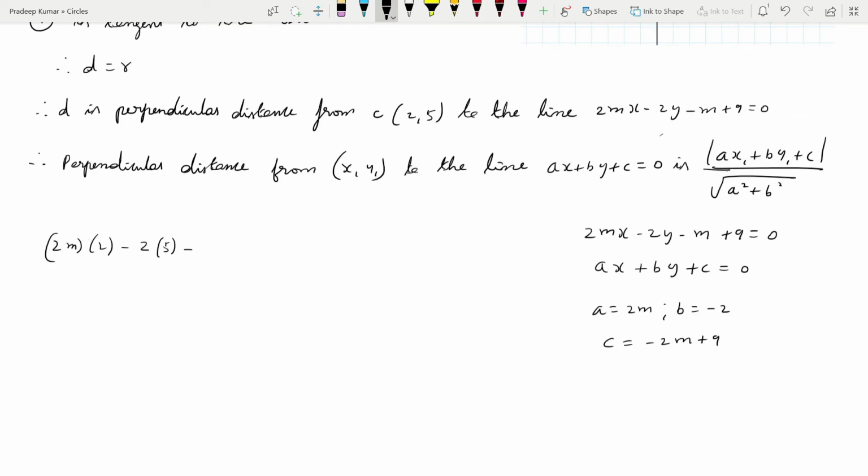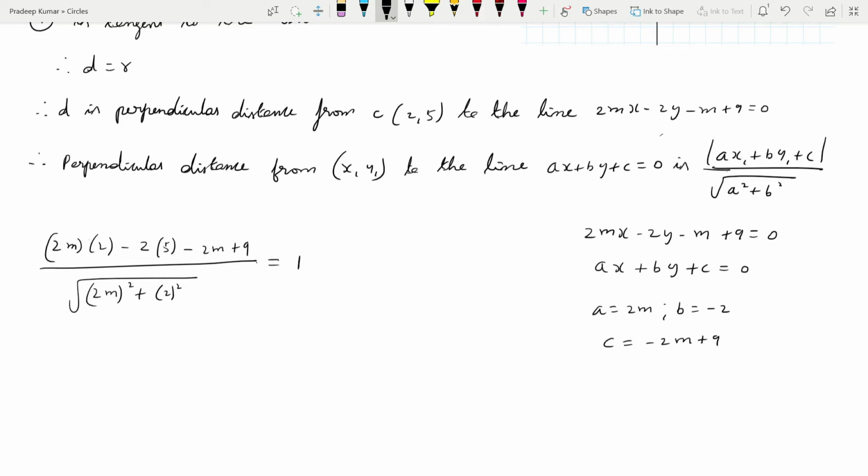So we write here -2m + 9, divided by the square root of (2m) whole square plus (2) whole square. This equals the radius of the first circle, which is 1.